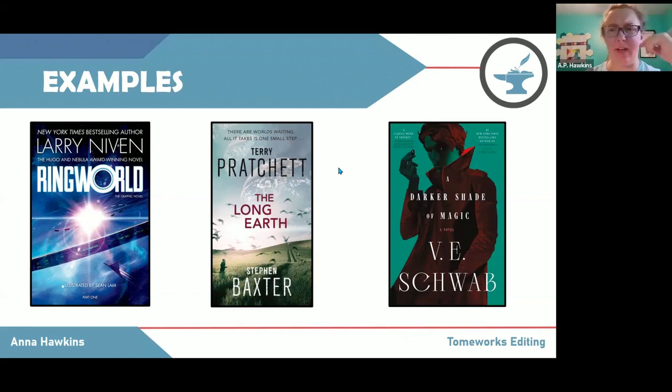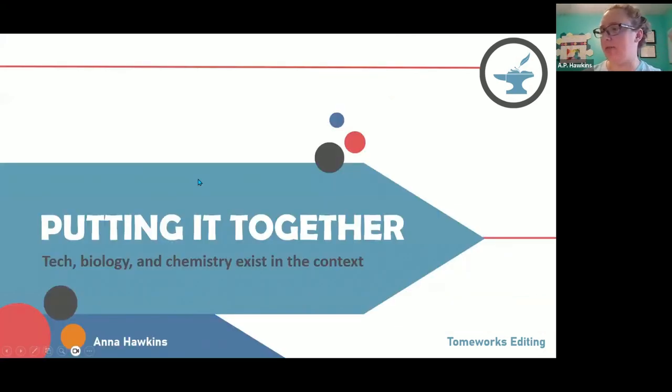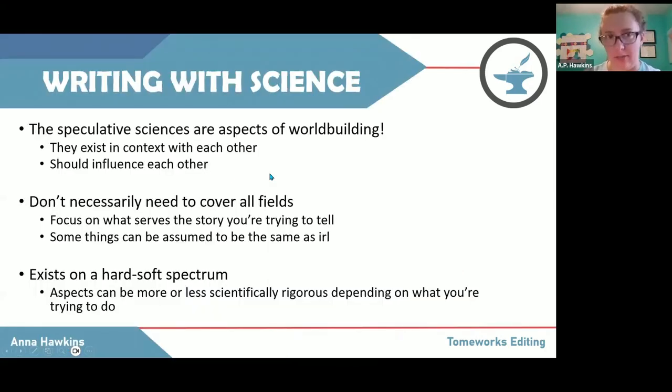Anyway, we've talked about technology, we've talked about biology, we've talked about chemistry and physics. So how do we go about, in our writing, putting it all together? I only have a few minutes left. We've talked about some strategies for writing with these different branches of science, writing with technology.